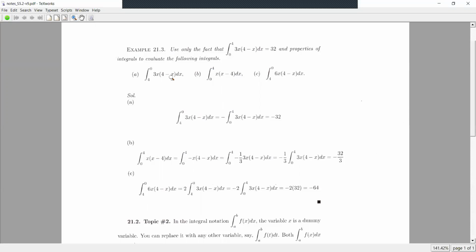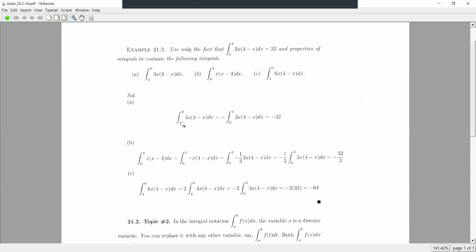This integral has the same function as the given integral. The difference between these two integrals is the given integral is from 0 to 4, and this integral is 4 to 0. So we need to switch 4 and 0 in this integral by adding a minus sign.